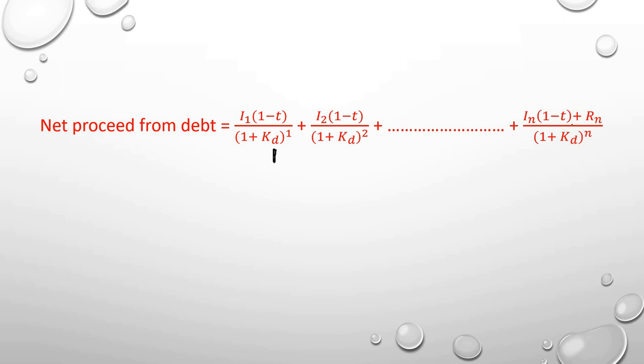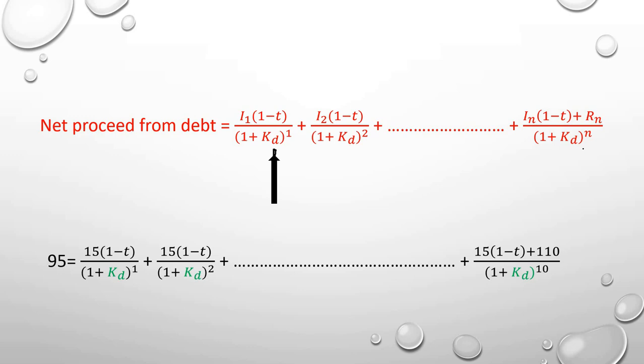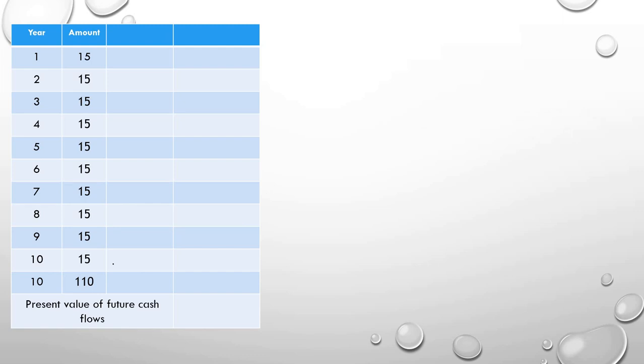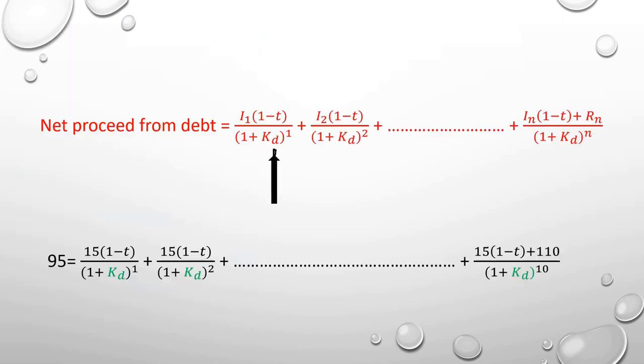Similarly, In (1 minus T) plus RN upon (1 plus KD) raised to power N. Now in this question, we have already discussed that your net proceeds is 95, 15 is your interest, (1 minus T), plus redeemable value is 110. Now what we are going to do is calculate this KD. If you observe this, I have done it with the help of horizontal.